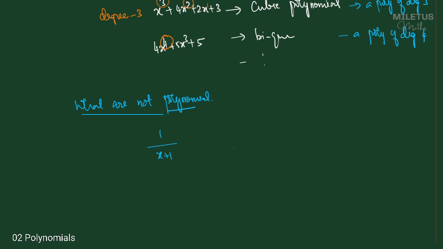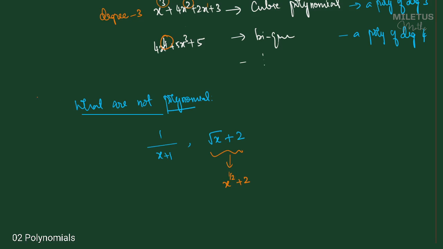And for example, I cannot have a power with rational numbers. This particular expression could have been written as x to the power 1 by 2 plus 2, but that doesn't mean I have a power on x so it can be considered a polynomial. No, it's still not a polynomial. That means I'm expecting an integer power in it, right?